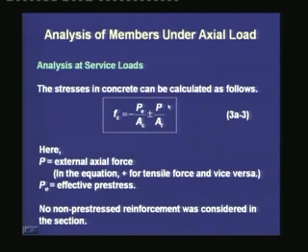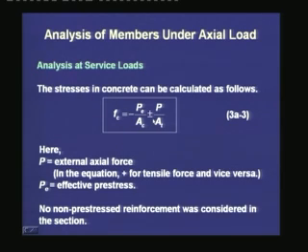P is the external force, and AT is the transformed area. Now, if we have a tensile force, then we shall use the plus sign, and if we have a compressive external force, then we shall apply the negative sign. That means the stress in the concrete is equal to the compressive stress which is generated by the effective prestress plus or minus the stress that is generated by the axial load.